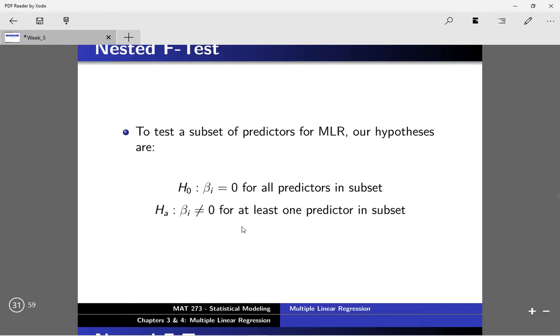And then the alternative hypothesis is that at least one of the predictors has a non-zero coefficient. So it doesn't have to be that all the variables are important or have a linear relationship with the response. It's just that at least one of them does.